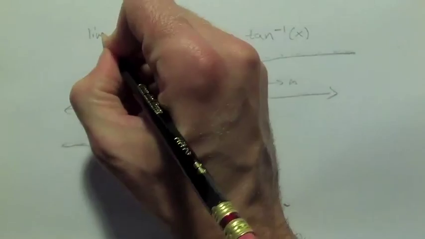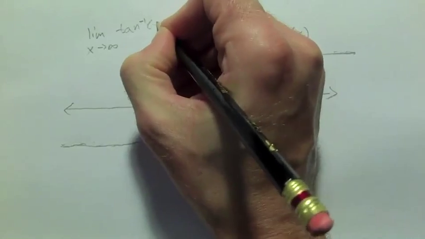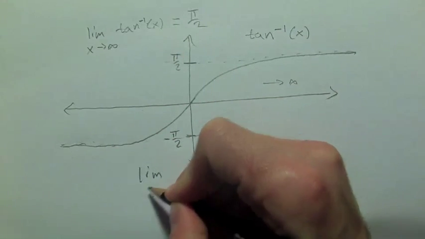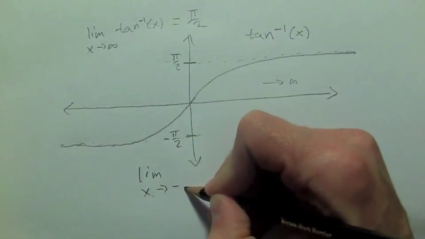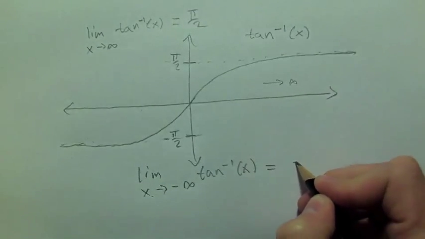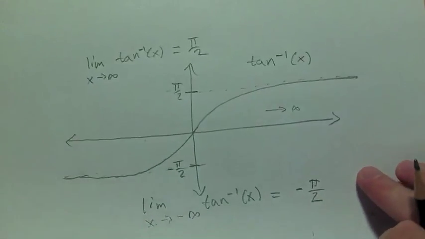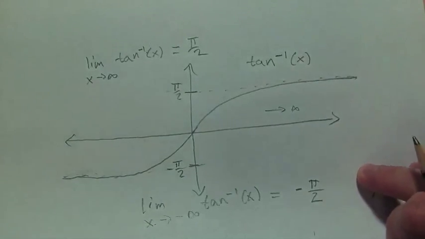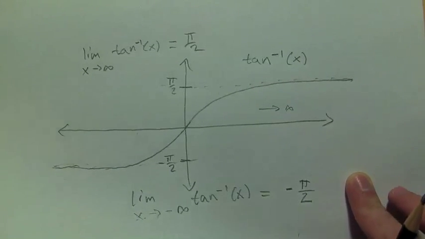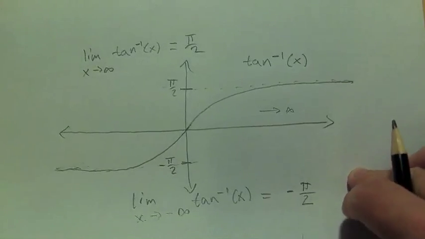So we could say that the limit as x goes to infinity of tan inverse of x is pi over 2, whereas the limit as x goes to negative infinity of tan inverse x is negative pi over 2. So they don't have to be the same on either side. A function can have two horizontal asymptotes. It can't have any more than two. It might not have either, because it could blow up on both sides, for example.